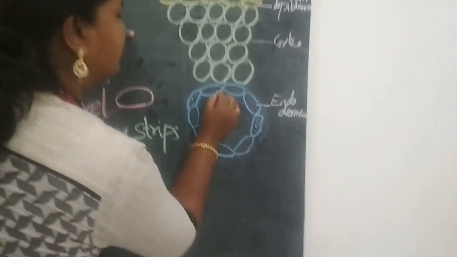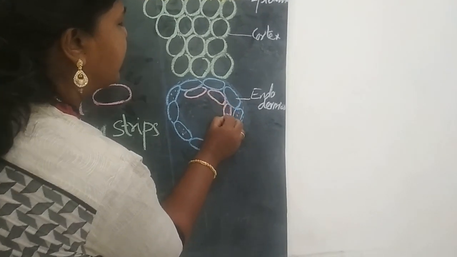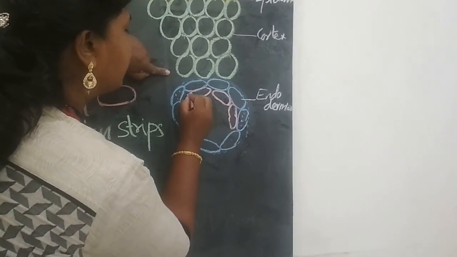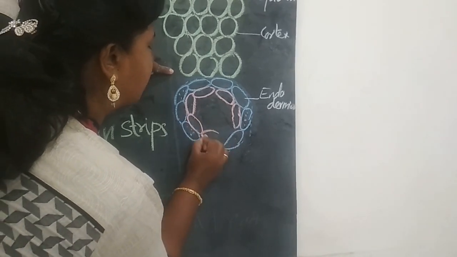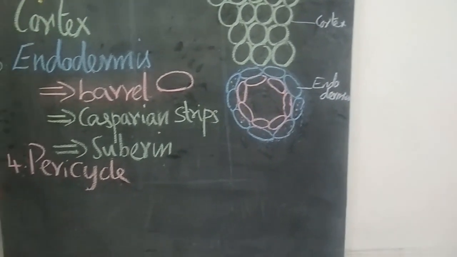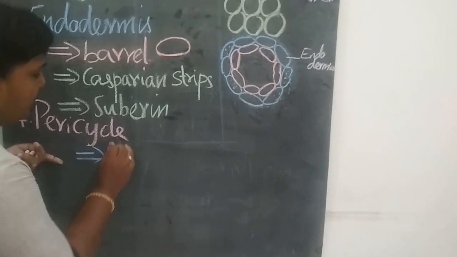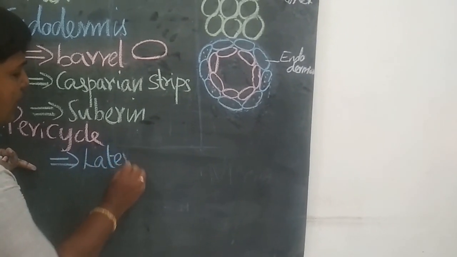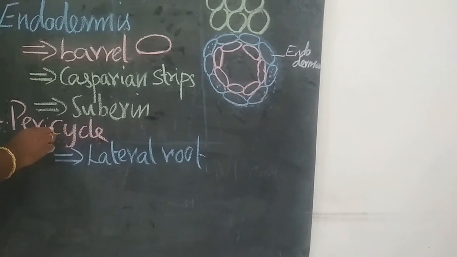Inner to the endodermis, there is a single layer of cells called pericycle, and this pericycle is the site for the origin of lateral roots. So lateral roots originate from pericycle.